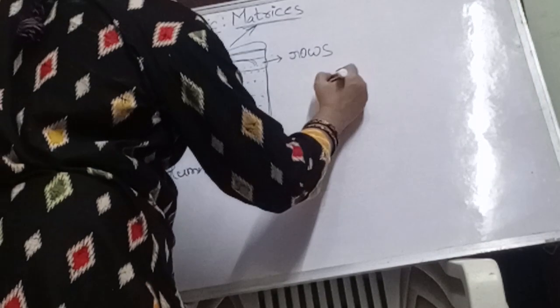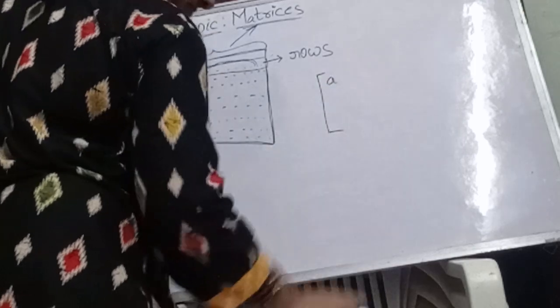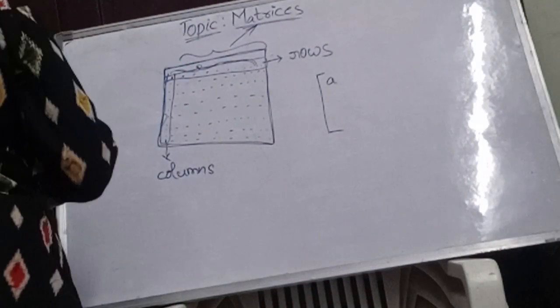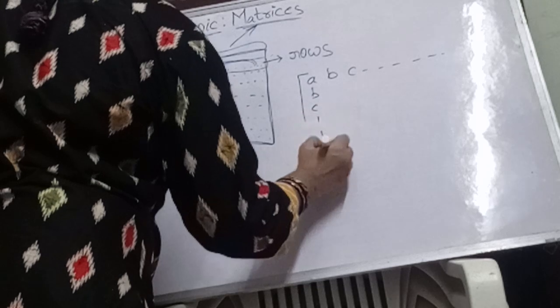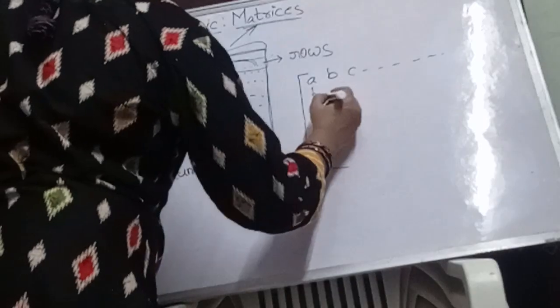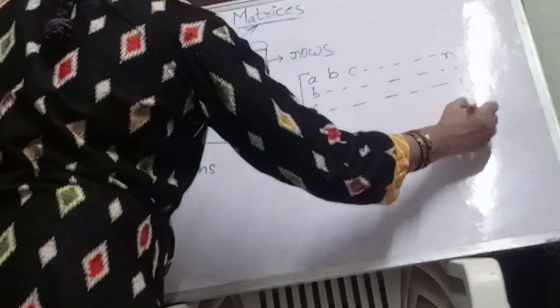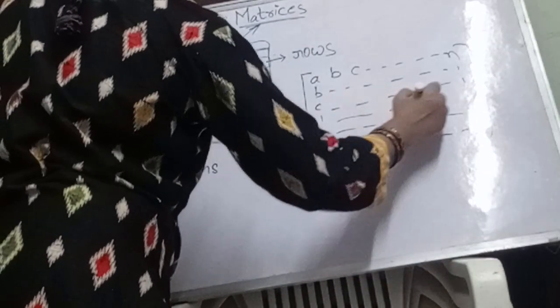Like this, A, B, C and so on this side, and here B, C and so on this side, like this. This type of arrangement of data is called a matrix.